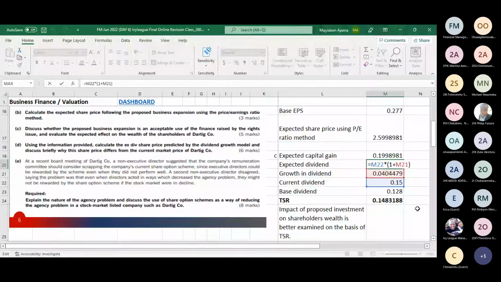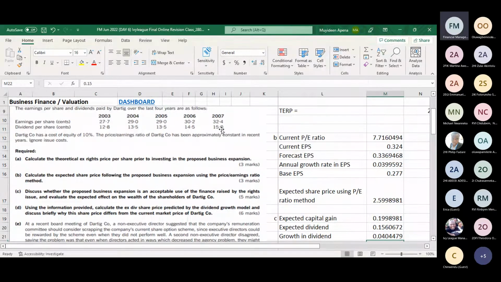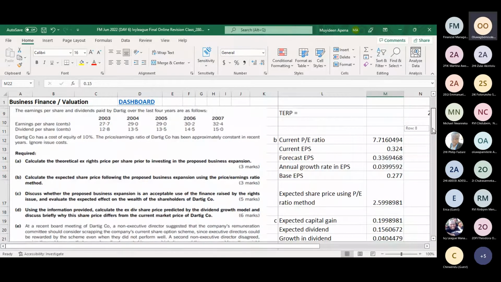Have you seen that? Yes. I have another one. How did you get the current and base? So current is in the question. Look at it. Current is here, 15 cents. Base is here, 12.8 cents. Have you seen that? Yes. Okay.